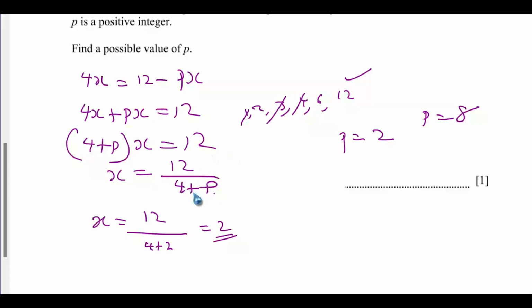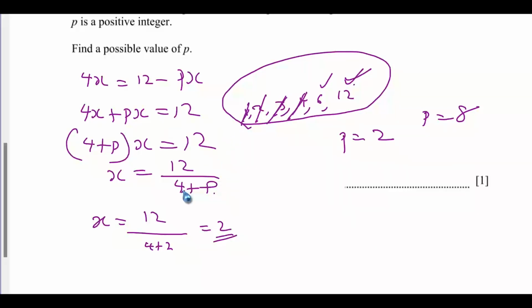We just need the denominator to add up to any of these factors of 12. You can see that we already have 4 here. 1 is not possible, 2 is not possible, 3 is not possible, 4 is not possible. So we only have 6 and 12.